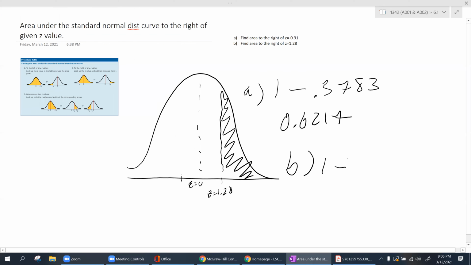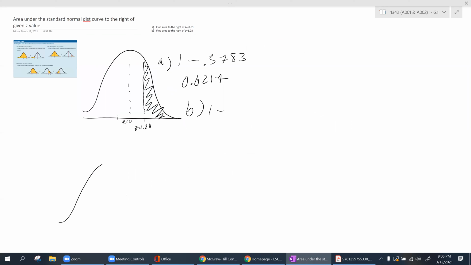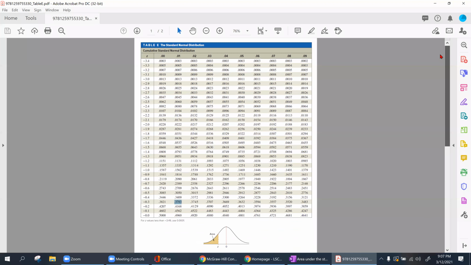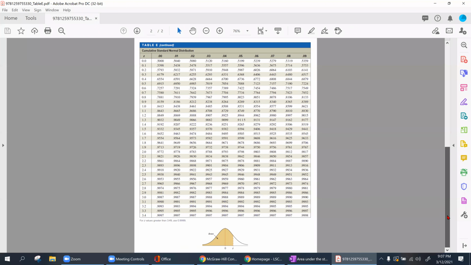So we know it's going to be less than a half. If you want to draw it, please go ahead. Your Z value is 0 at the middle, 1, 2, 3 as it goes to the right, and as it goes to the left from that symmetrical point, it approaches negative 3. What's the edge on our chart? The edges are negative 3.4 and positive 3.4.